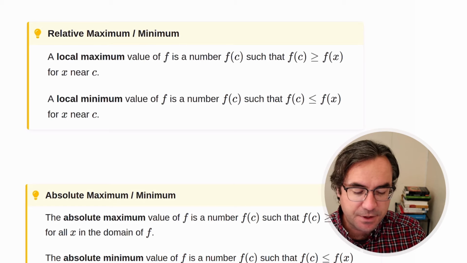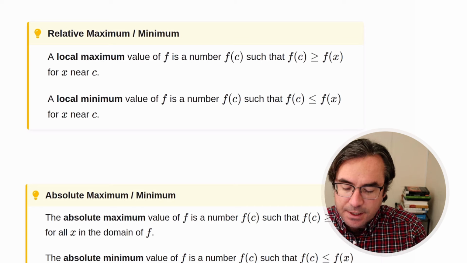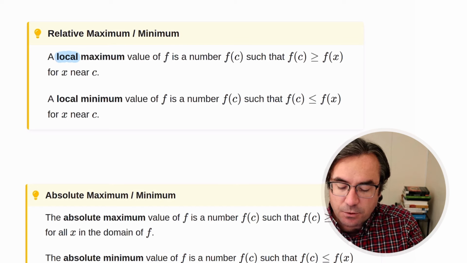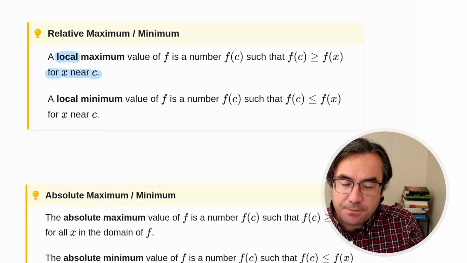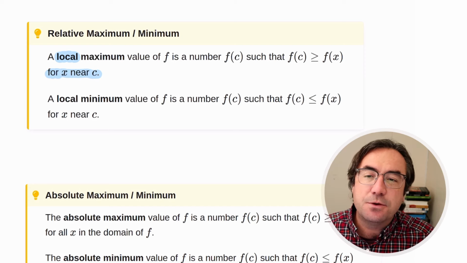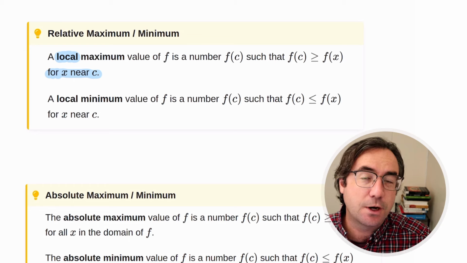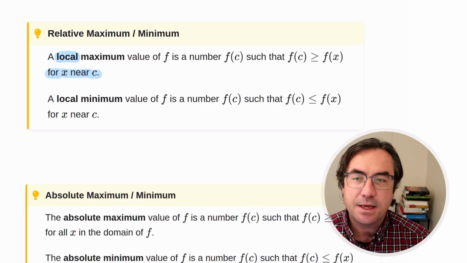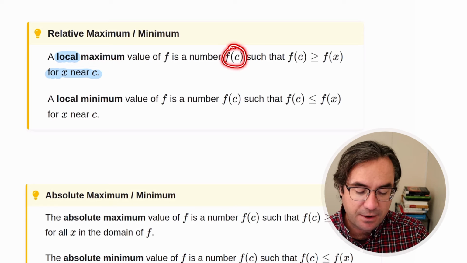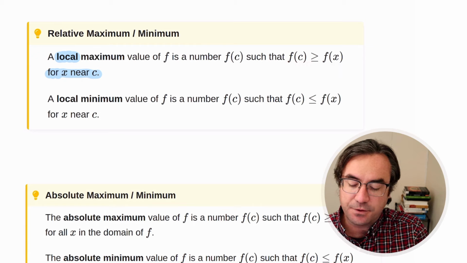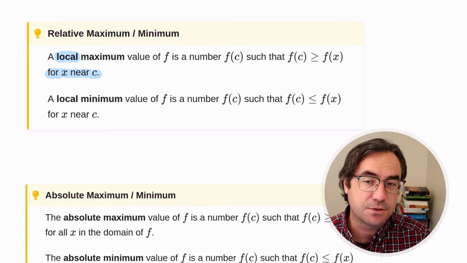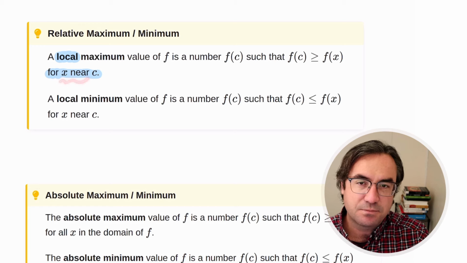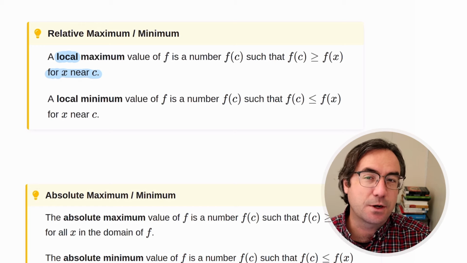The key word here is local. What we're talking about is x values that are close to our critical number. So a local max is a function value that's bigger than all of the surrounding function values for x that's close to our critical number.